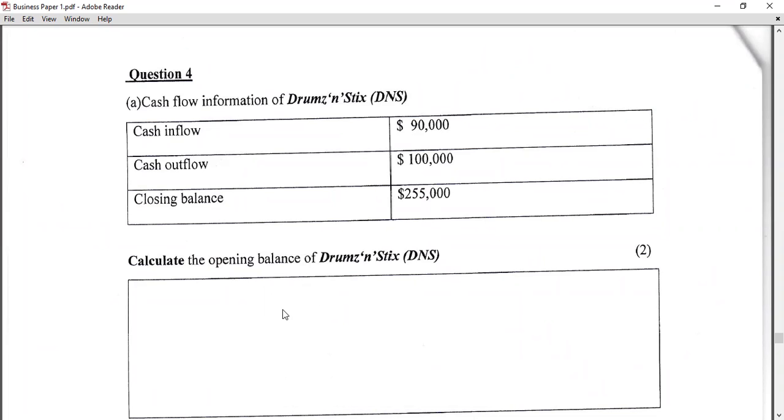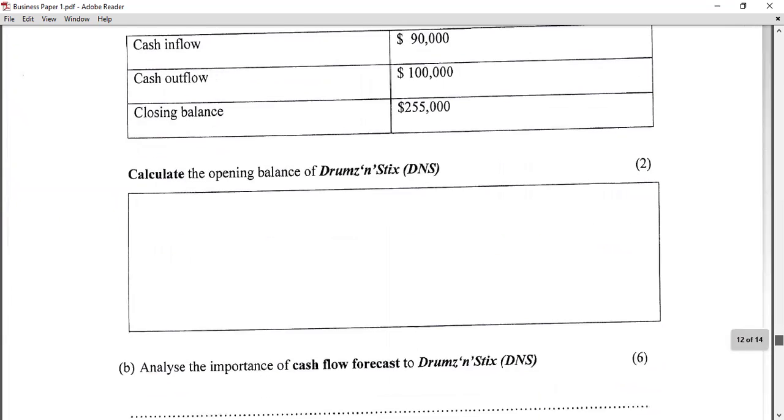Then X equals 255,000 plus 10,000, so the opening balance should be 265,000. It's an easy question. If you know the formula, opening balance plus net cash flow equals closing balance, you can do a reverse calculation: 265,000 minus 10,000 is 255,000. So the answer is 265,000, and you get 2 marks for the correct answer.